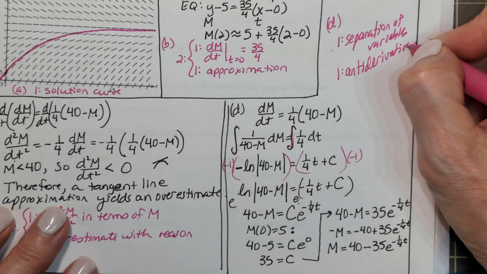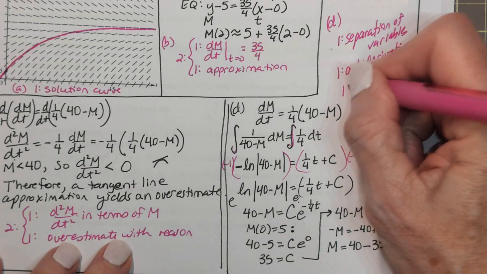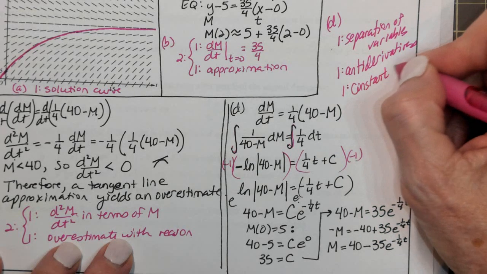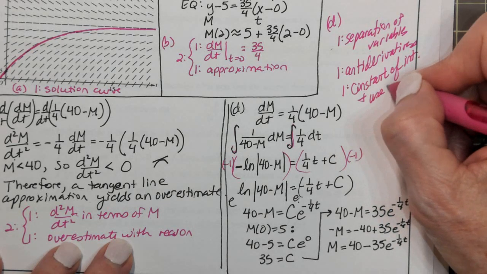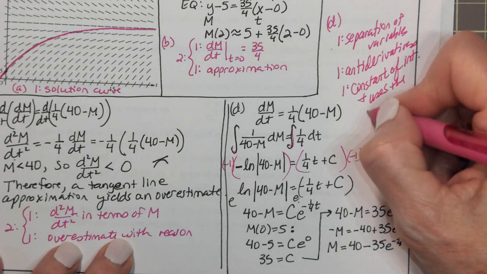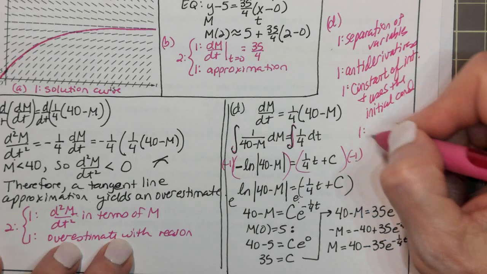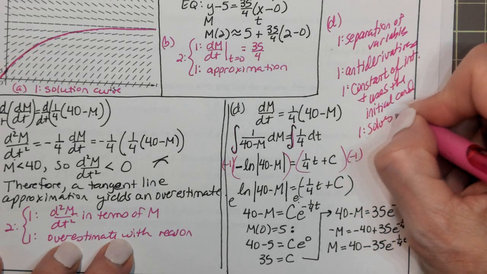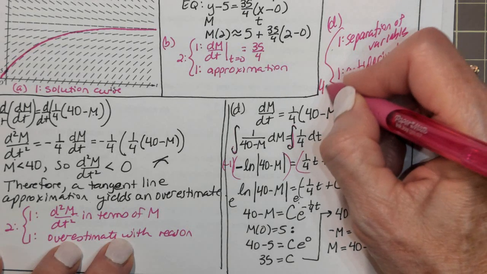These antiderivatives did not involve anything special, so I know that this problem was also on the AB exam. 1 point was for the constant of integration, the C, and uses the initial condition. And the last point was for solves for m, in other words, your answer. So 4 points.